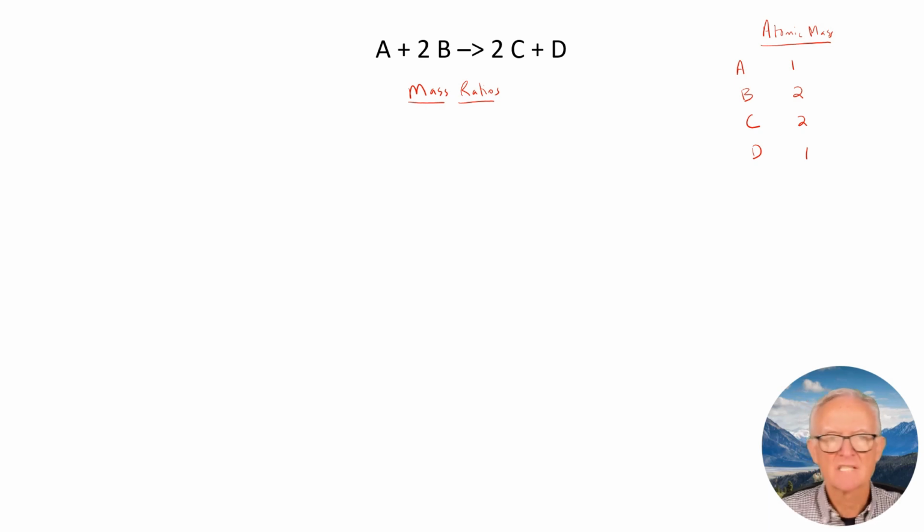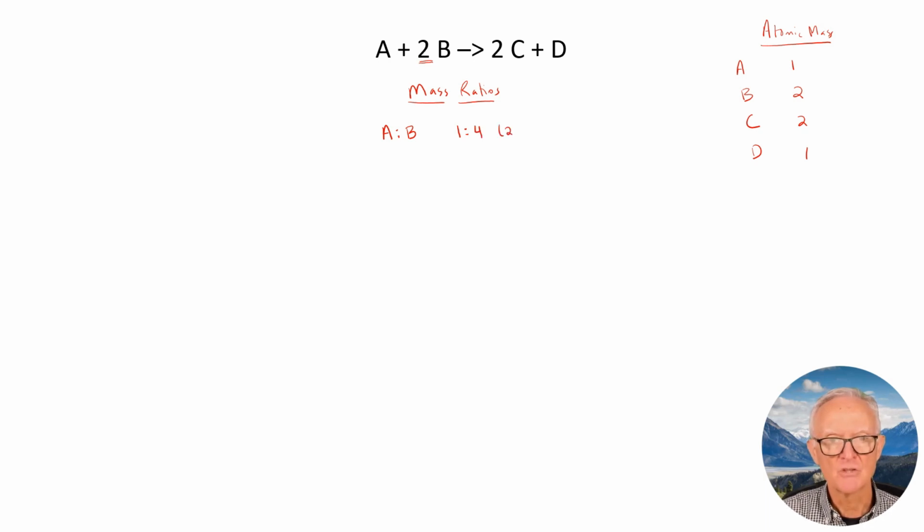All right, we've got the atomic mass. Let's get the atomic mass ratios. The ratio between A and B: A weighs 1 atomic mass unit, and B weighs 2, but in this reaction, we have to have 2 moles of B for every 1 of A. So we need to multiply 2 by 2 to get 4.